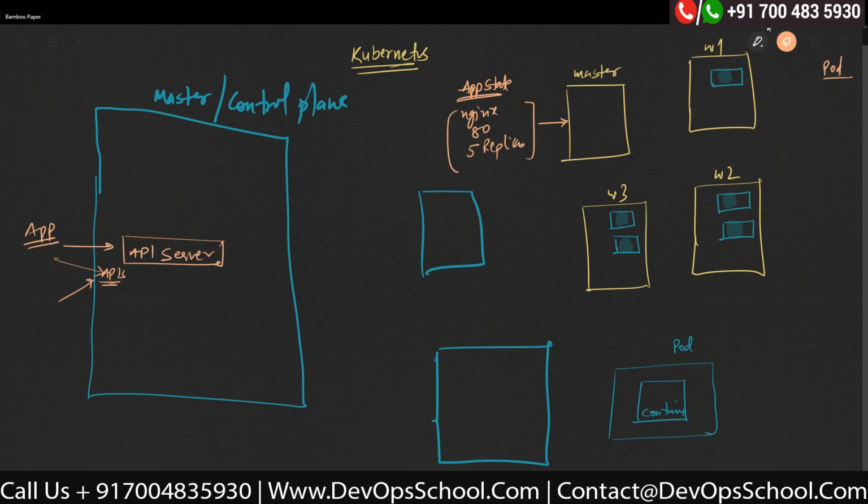So the application deploy request goes to API server, and then what happens then? If I say that, okay, Nginx port 80, 5 replicas, API server will receive this request, but it does not have its own capabilities to run any pods or any workloads. So there is another component called scheduler.